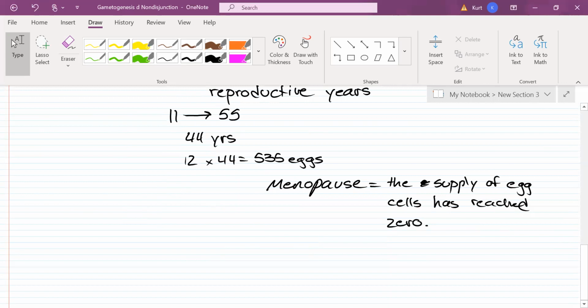And also, as you get older, they get older. So do they just like die in your ovary? They tend to not be as viable as they were when you were younger. So okay, but I will say 300,000 to 500. So what happens to the other 200? They get broken down. You know, you got apoptosis.